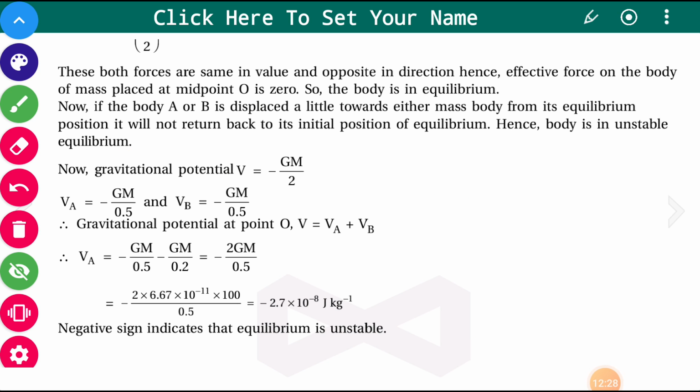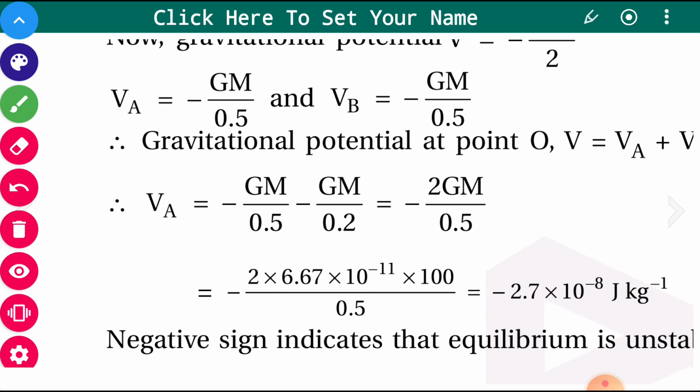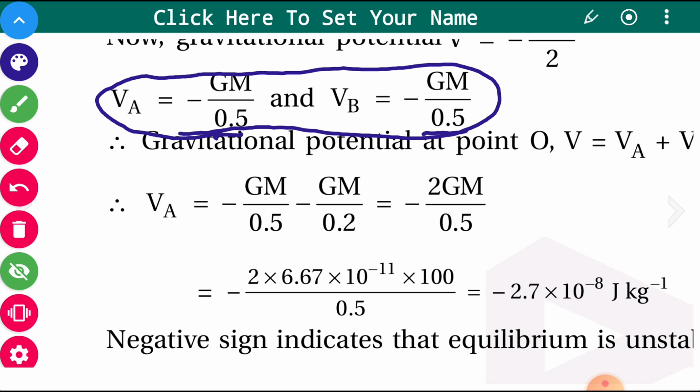Here it should be minus Gm upon R. This is not 2, it is R only, the distance of the midpoint from A and B. So the gravitational potential because of the first sphere will be minus Gm upon R, and R is 0.5. The second will also have its potential minus Gm upon R, R is 0.5. So the total potential will be the sum of both the potentials, that is VA and VB.